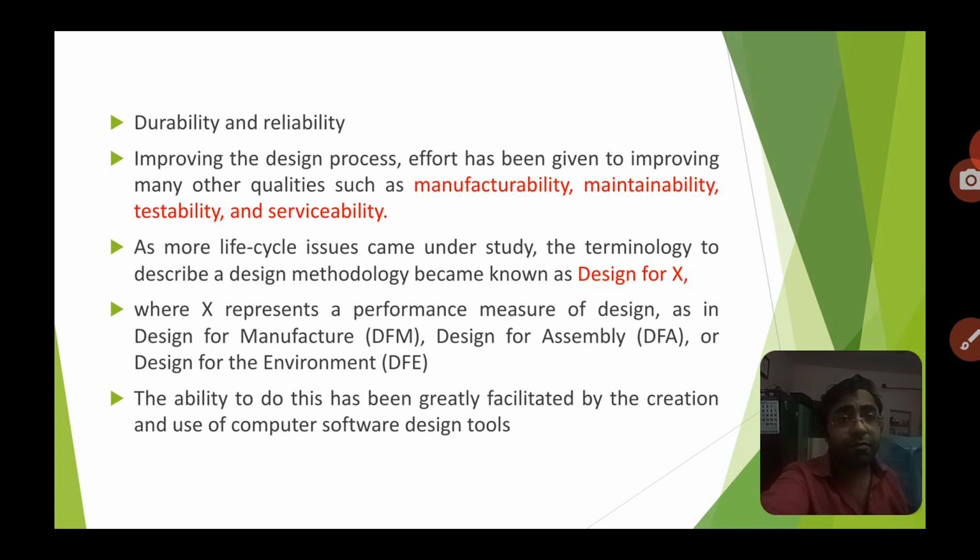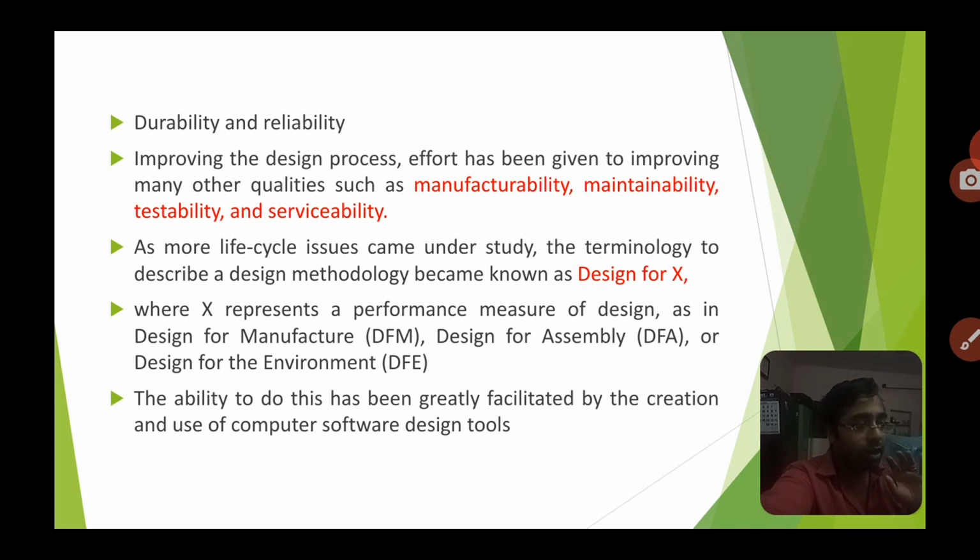Environment means the conditions of the environment that we have to follow, for example the temperature range or humidity, under which we need to assemble something.